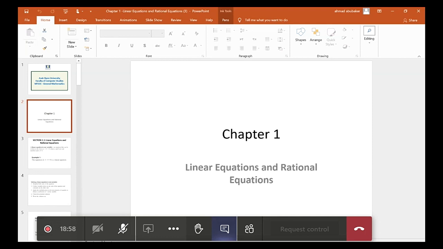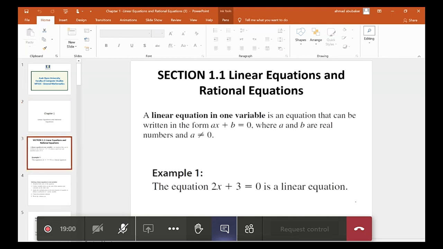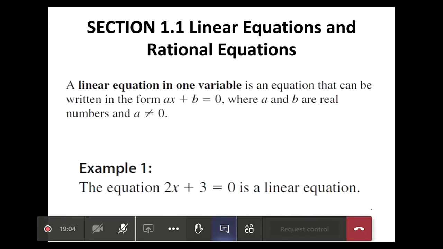Okay, look at this linear equation. A linear equation is denoted by ax plus b equals 0. In a linear equation, we have x to the power 1.